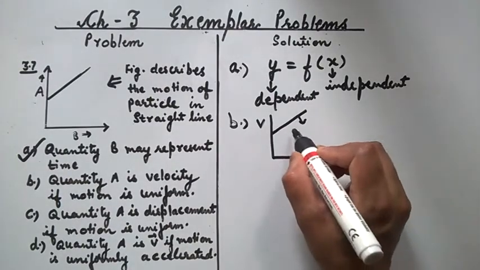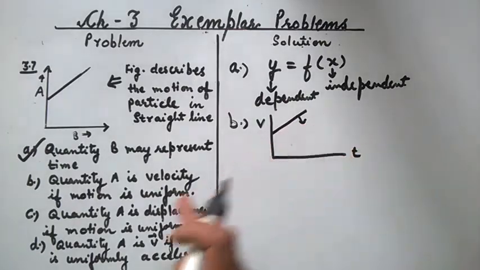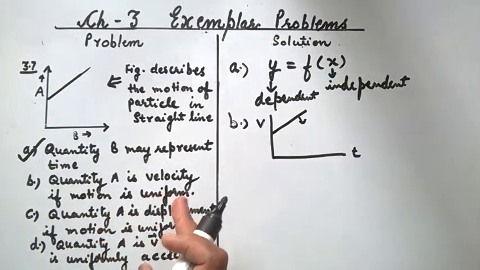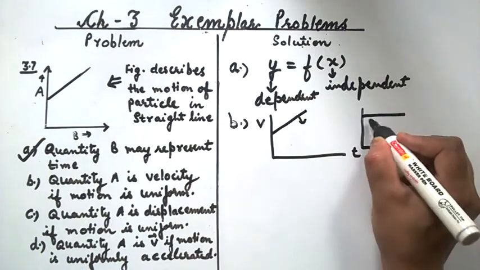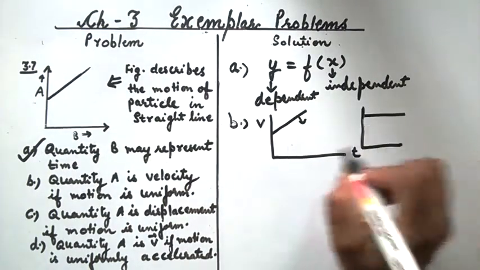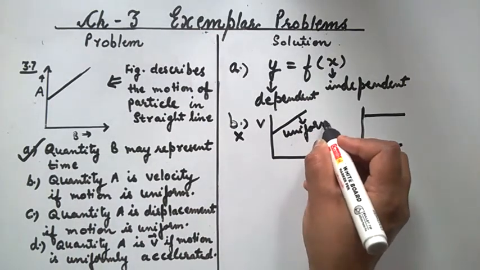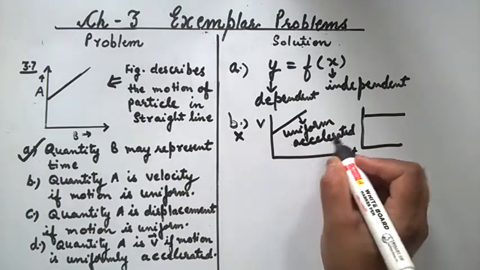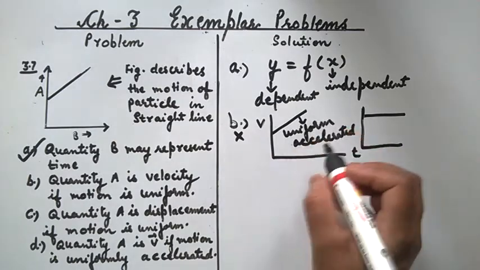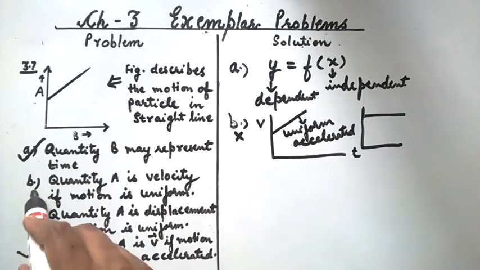Uniform motion is represented by a line parallel to the x-axis, so here it's not valid, because it is uniformly accelerated motion, that is, the change in velocity per unit time is constant. So quantity A is velocity if motion is uniformly accelerated. Here option D is correct for this and B is incorrect.